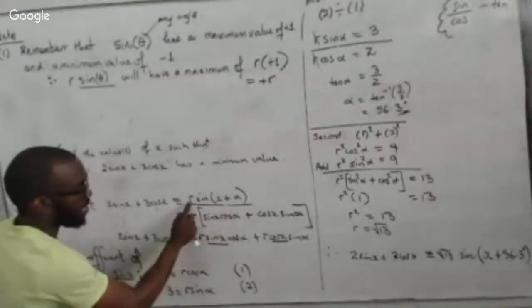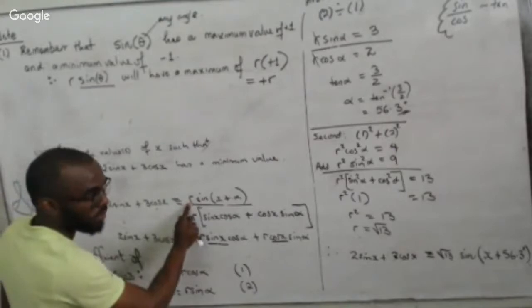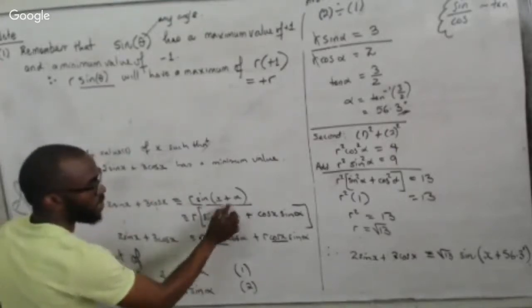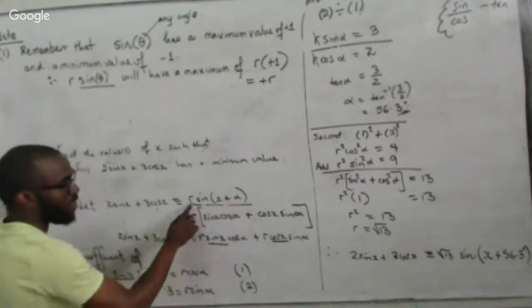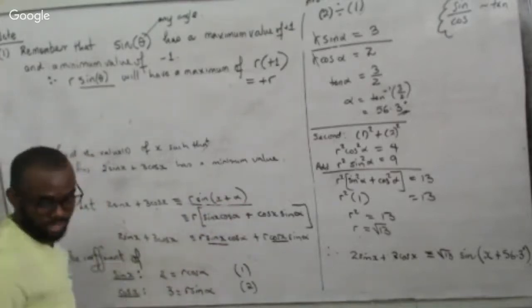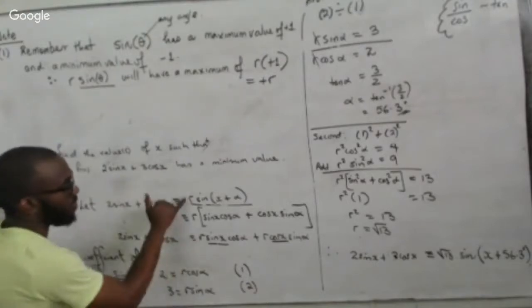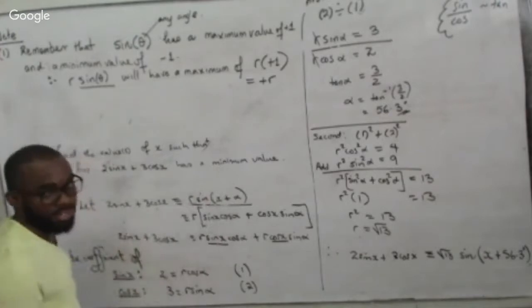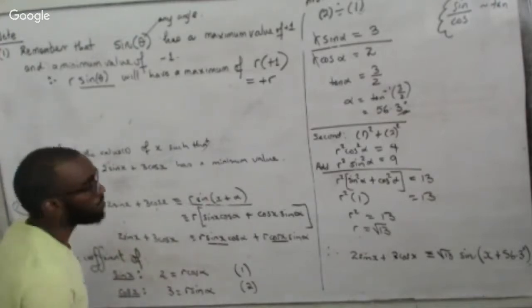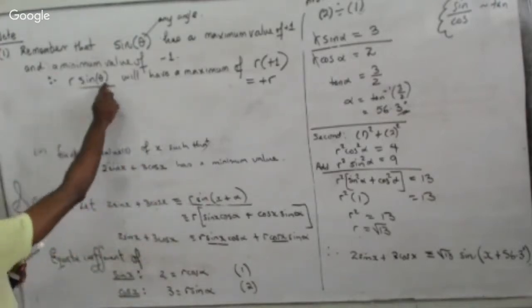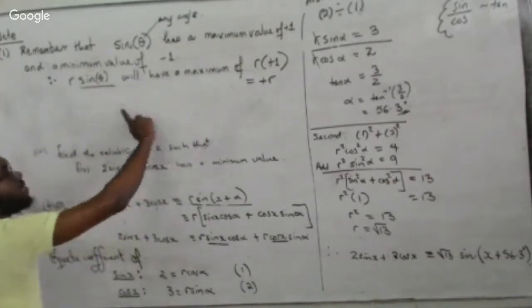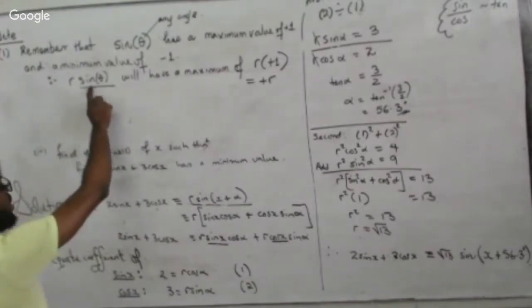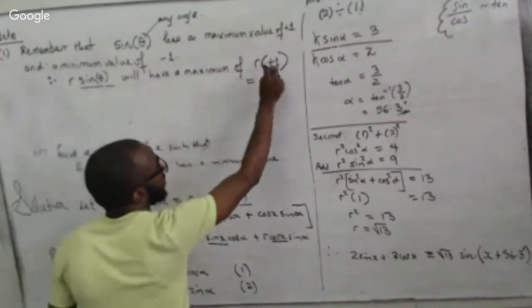Anything outside the x bracket will affect my y direction. And I told you that multiplication means a stretch. So if this had a maximum of 1, then the y value will now be r times 1. Can you see that? And if the minimum value was -1, then it should be r times -1, that gives me the new minimum y value. So sine theta has a maximum of 1, therefore r sine theta will be r times +1.